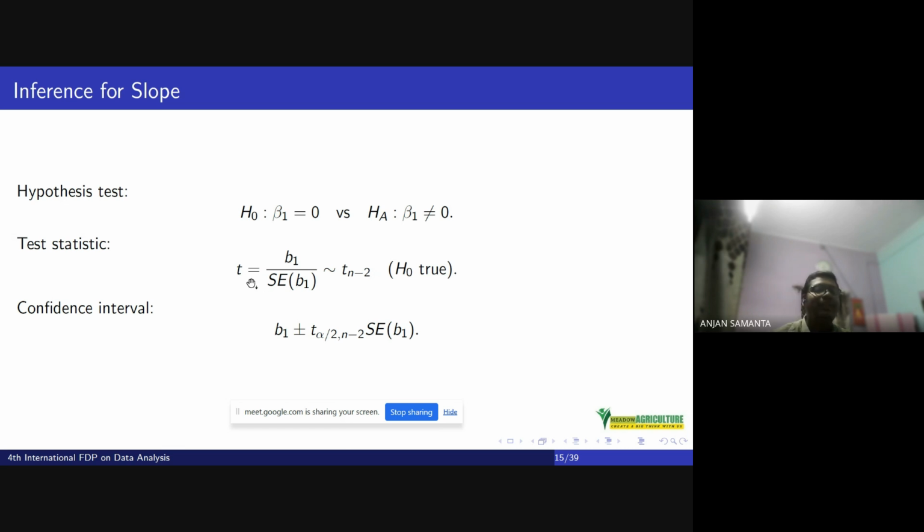But if the p-value is very small, suppose it's 0.001, then you cannot accept that null hypothesis. So whether the parameter is significant or not significant to the model, we can determine by looking at the corresponding p-value.